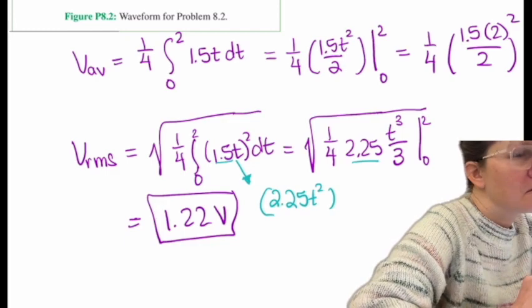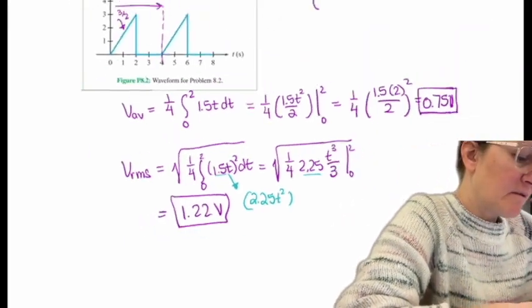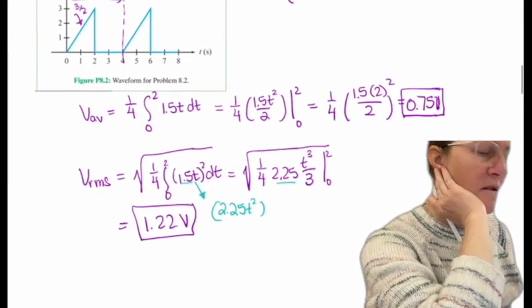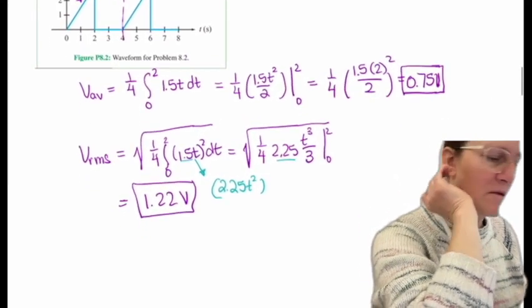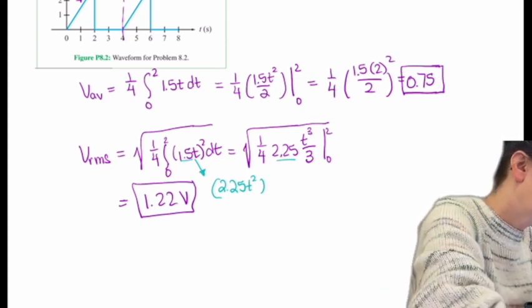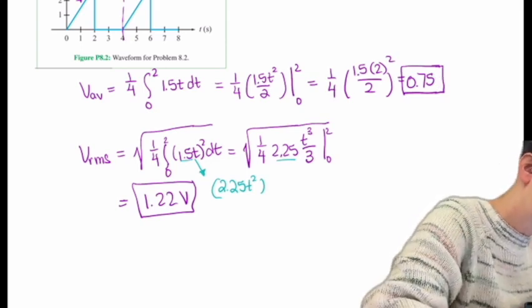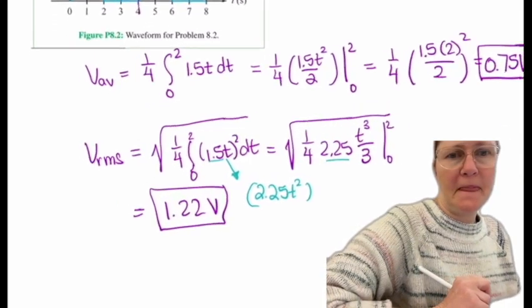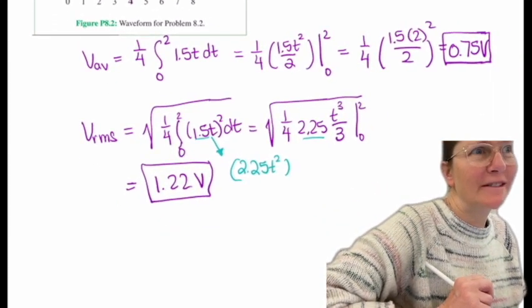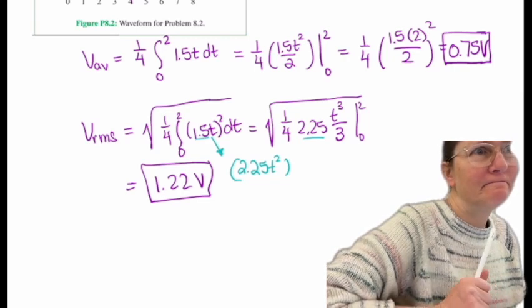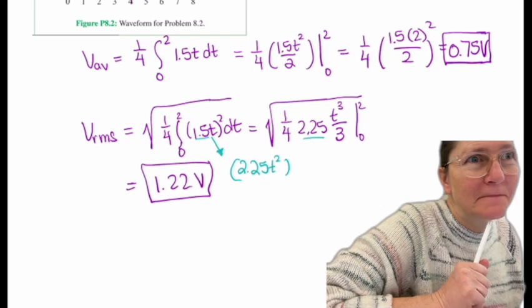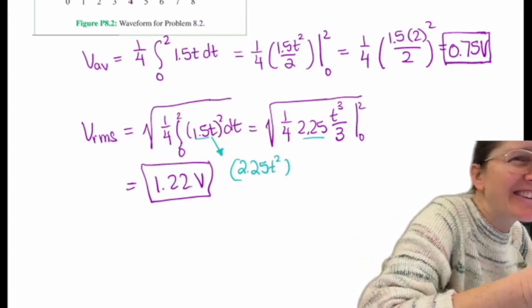What did you get for average? 0.75. Draw my voltmeter. Okay, so average, RMS. Now you're looking confused.